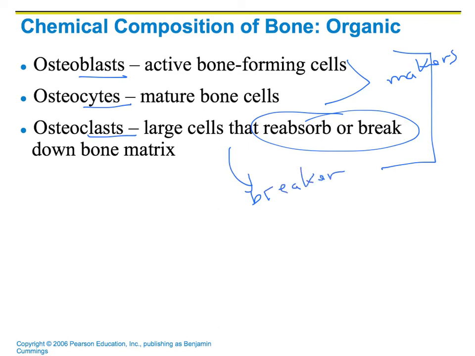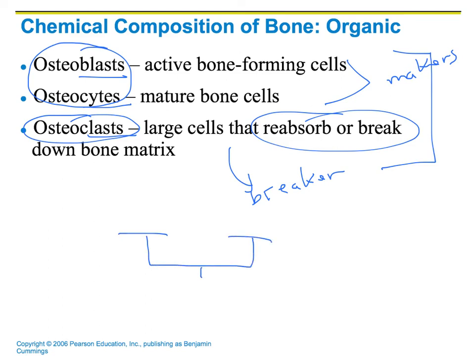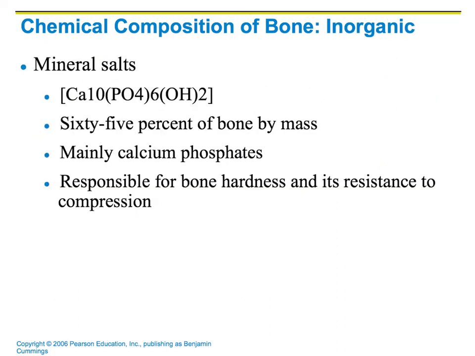And these cell types, osteoblasts and osteoclasts, are always in balance, working to maintain proper calcium in the bloodstream as well as proper calcium in the bone. That's it.